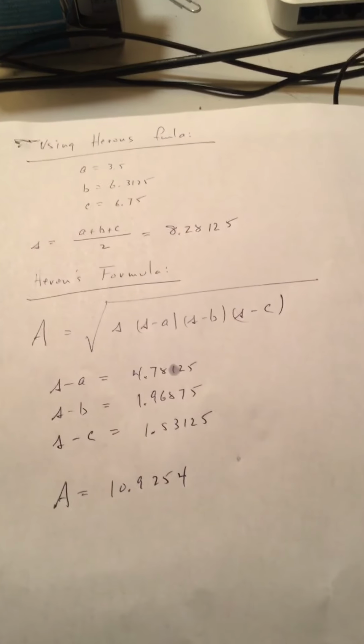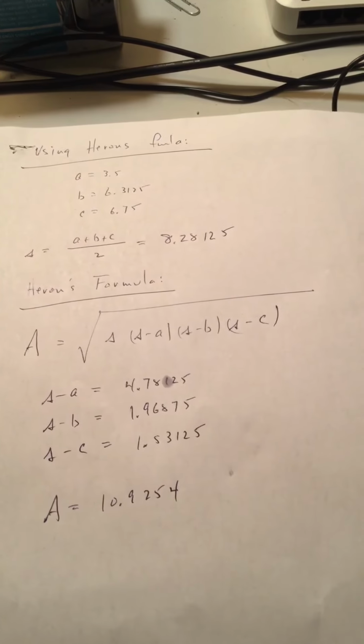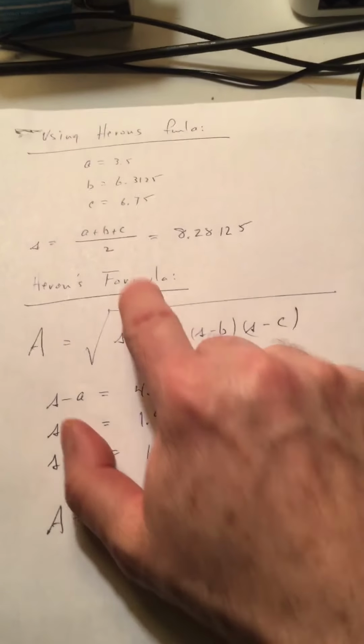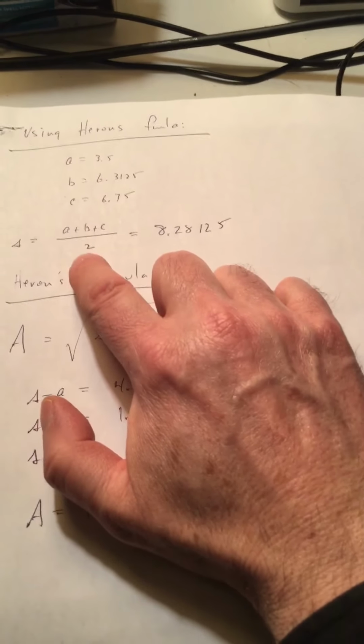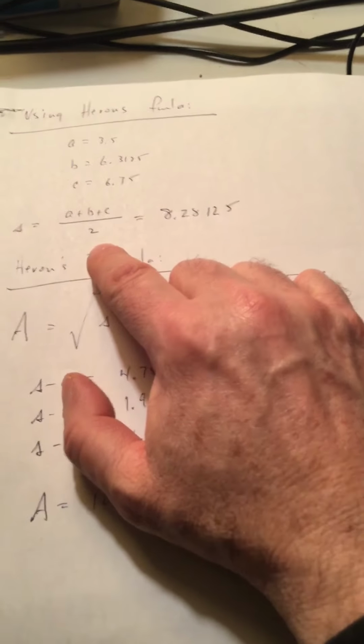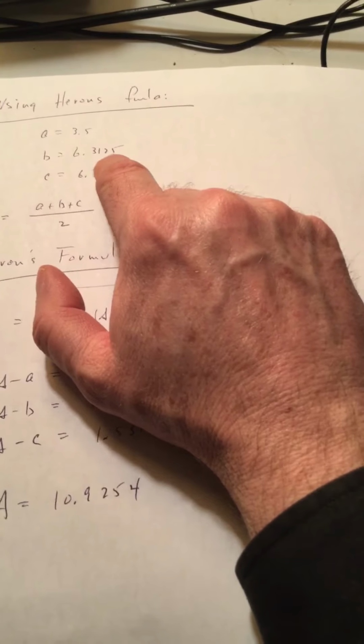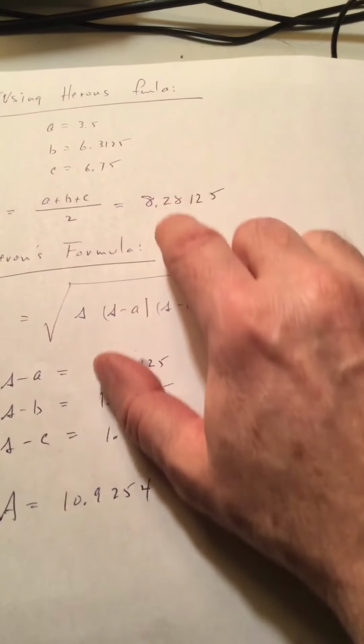So I'm just going to go through the mechanics of the formula and show you the calculation. What we first do is take the sum of the sides and divide it by 2. That's called the semi-perimeter. Now in this case, my 3 side lengths are 3.5, 6.3125, and 6.75.